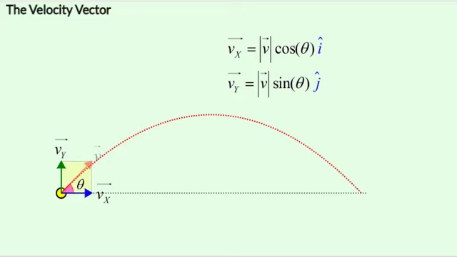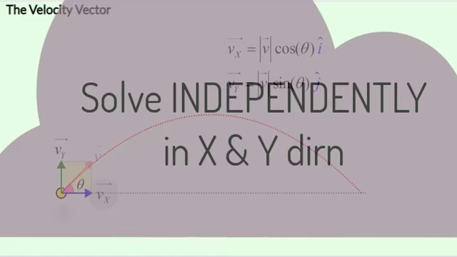But how would resolving this vector into components help us in our analysis? Now this concept is very important in projectile motion and will help you simplify the problem. We can solve for the x and y displacements independently. What that means is that we work in 2 steps.